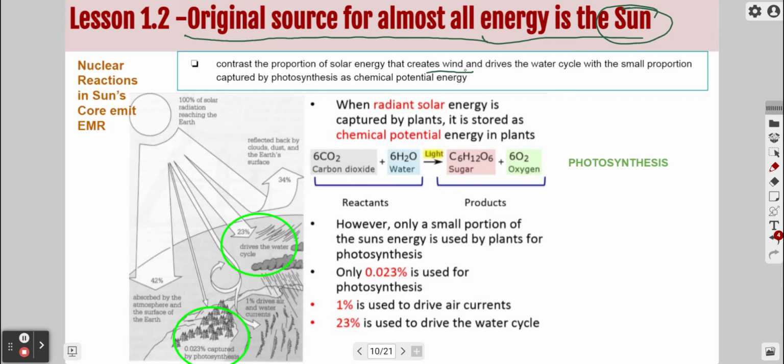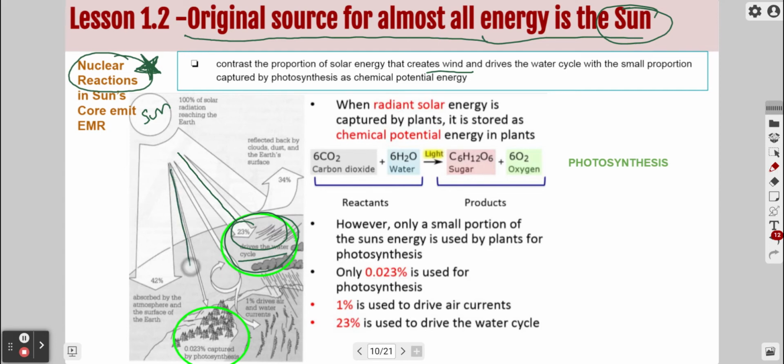So there's a few things that you want to make sure you understand from this diagram here. First off, inside our sun is nuclear reactions. So all the energy is coming from our sun, which the original energy reaction or type of energy is because of a nuclear reaction. Okay, so when the sun's rays come in, about 23% is driving the water cycle.